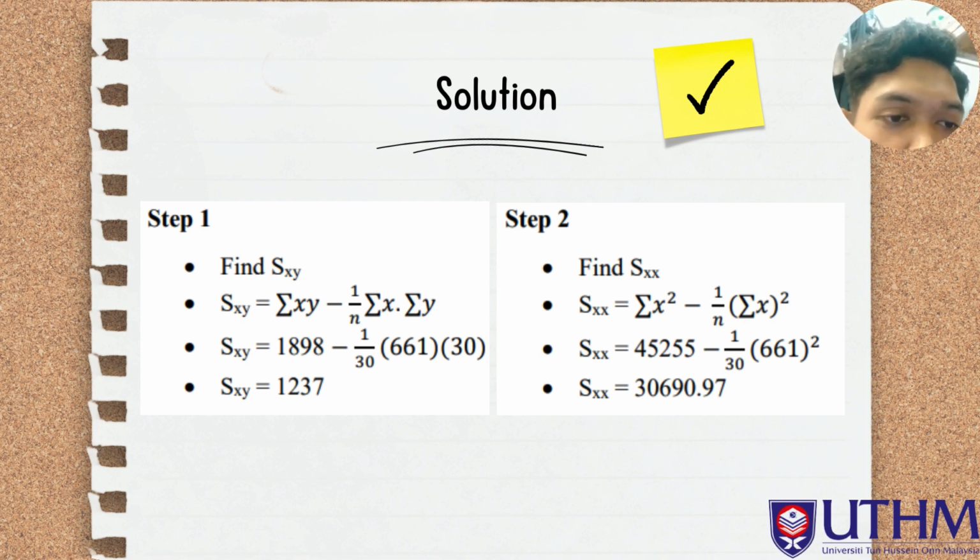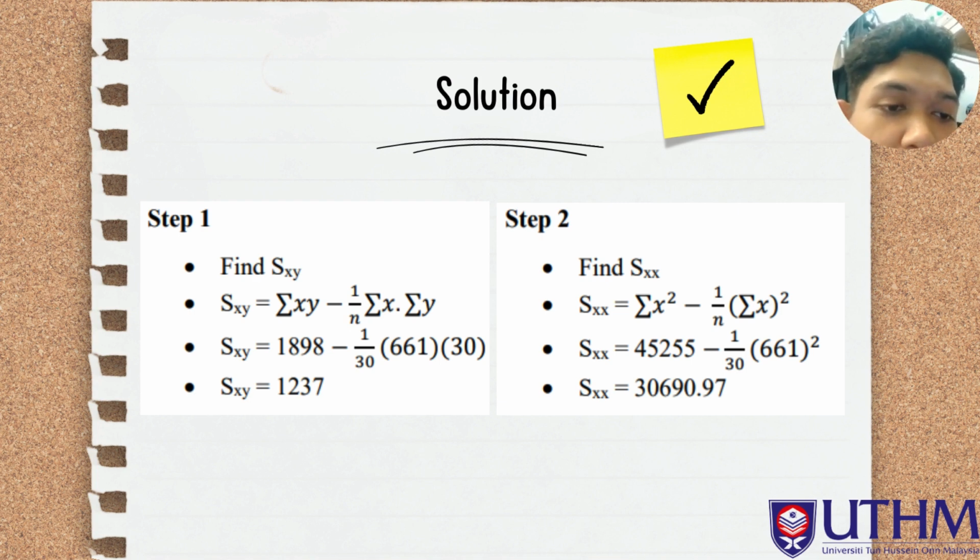Step 2, we find SXX. The formula is the sum of X squared minus 1 over n times the sum of X, squared.